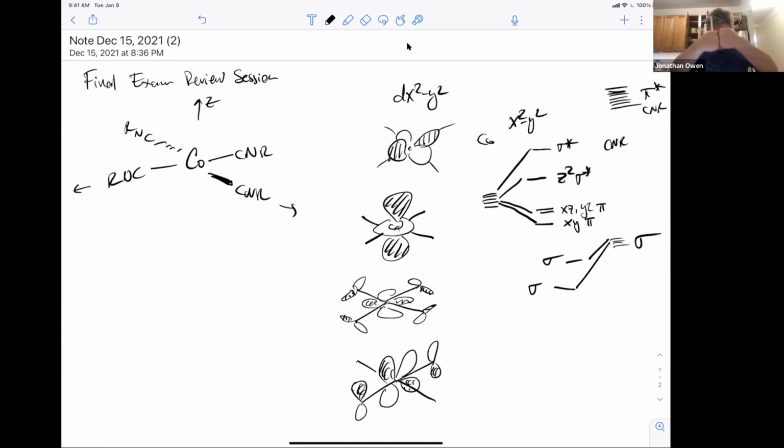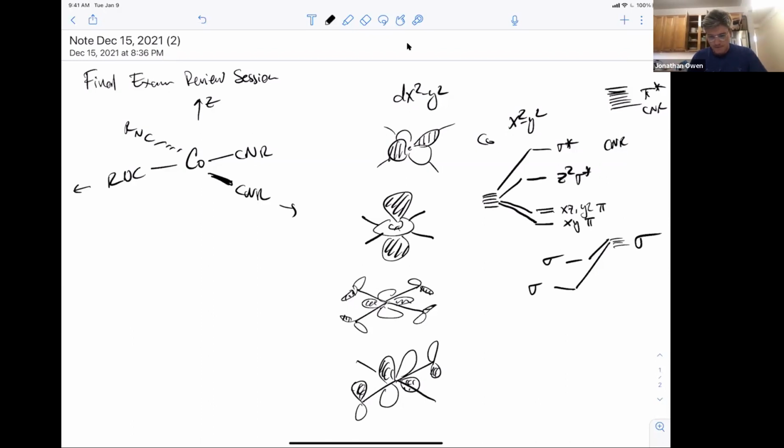Are you going to have a repulsive interaction between two electron pairs, or are you going to have a stabilizing interaction between the electron pair on the metal and the empty orbital? So if it's a stabilizing interaction because the empty orbital on the ligand is there, then those electrons sitting in that d orbital are going to go down. If it's a repulsive interaction because you bring up an electron pair on a ligand, then those electrons will go up.